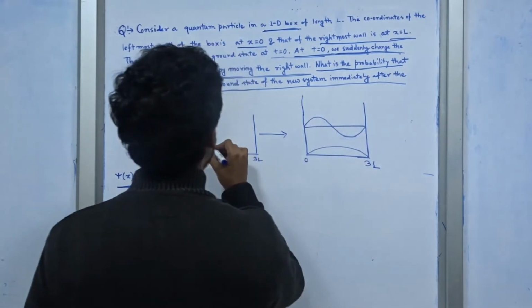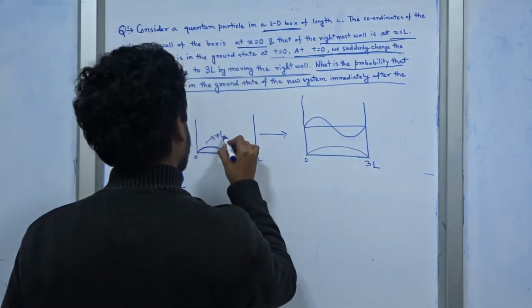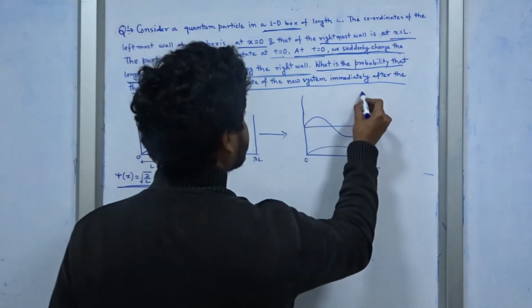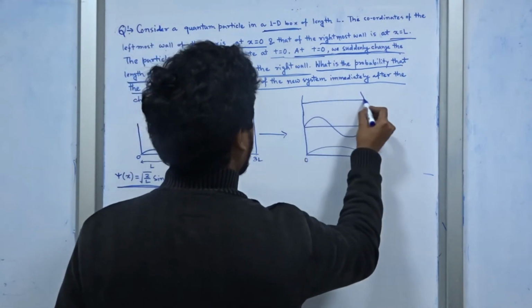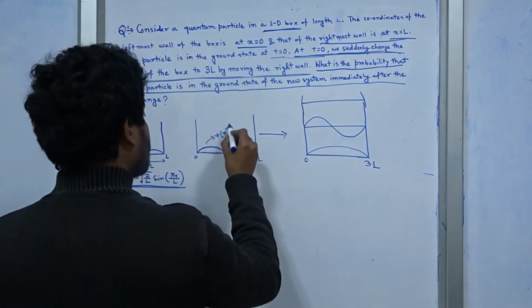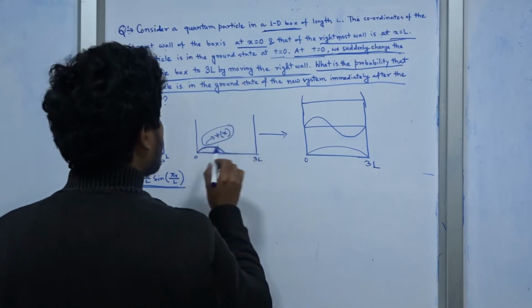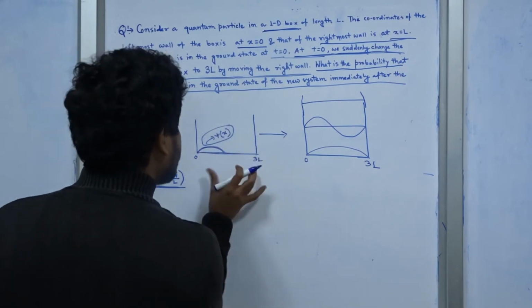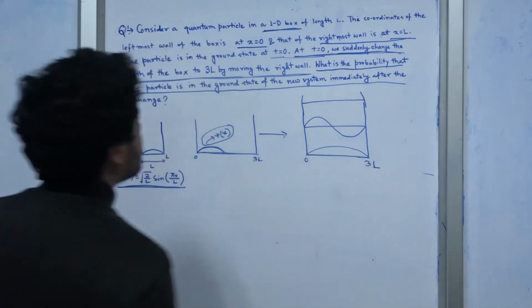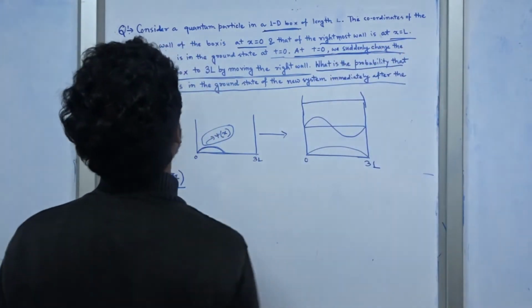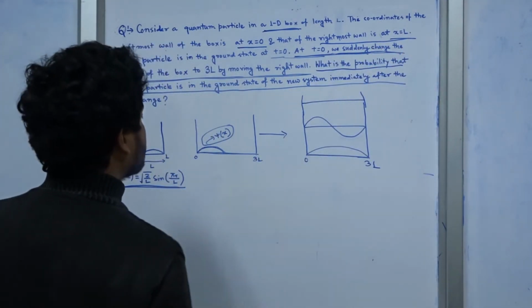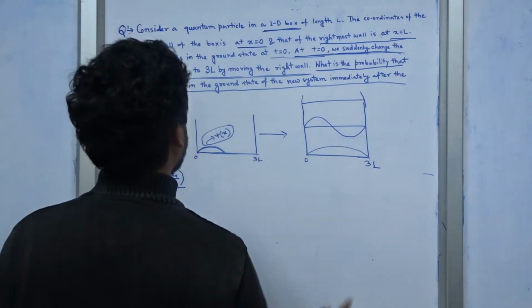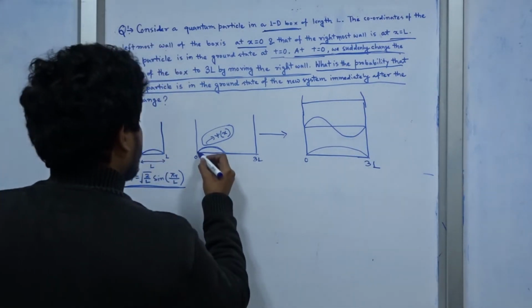But this is the psi of x, and this is the state of the particle right now. This is the wave function of the particle in this 3L box, not these, because the change happened so suddenly that the wave function doesn't change. It remains in its original location.